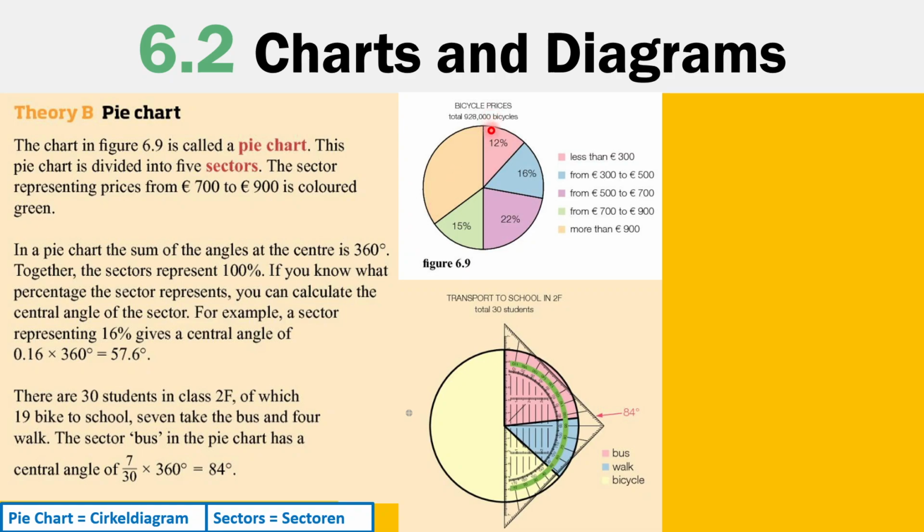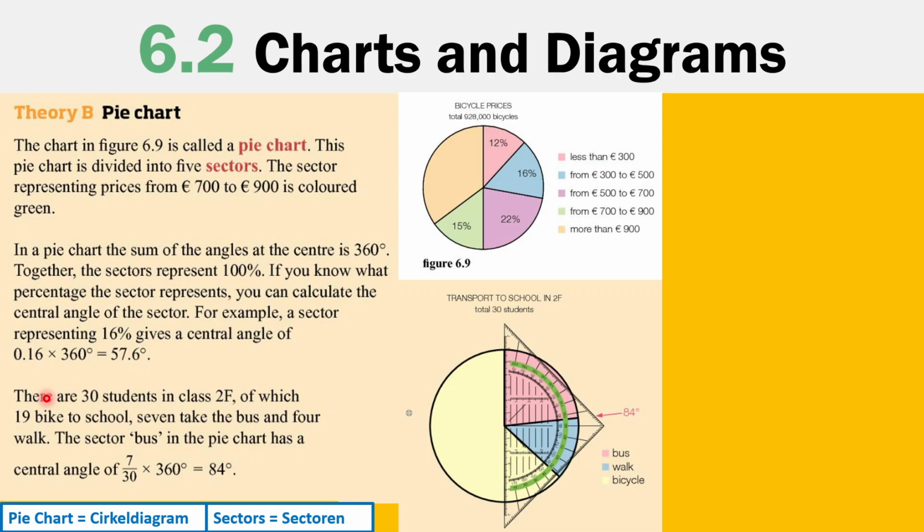And here, 12% of that 360 degrees is going to be less than 50. So what I can do is 0.12 times 360 degrees to calculate the actual angle here. They call it the central angle. That also came back in chapter 2, I think, central angles, right?